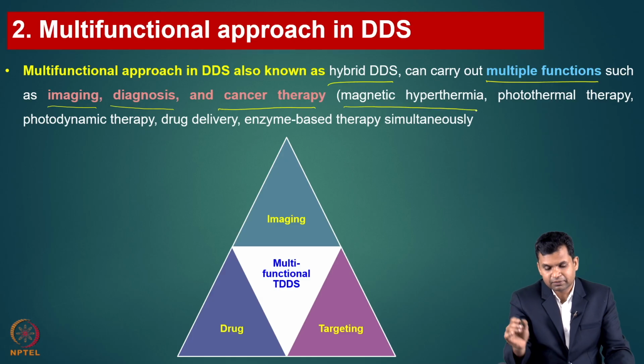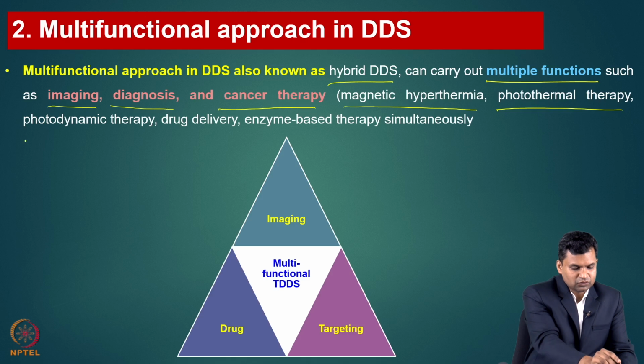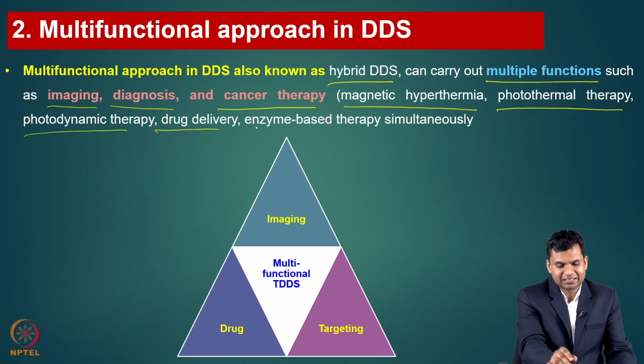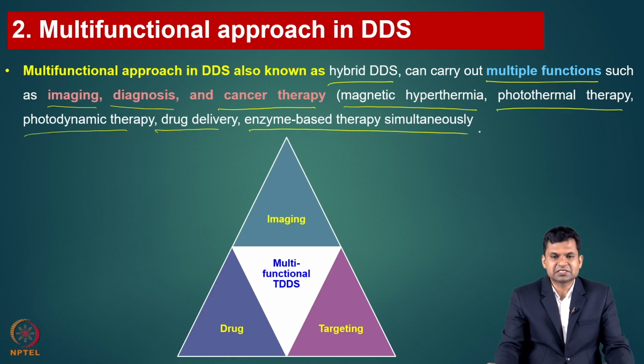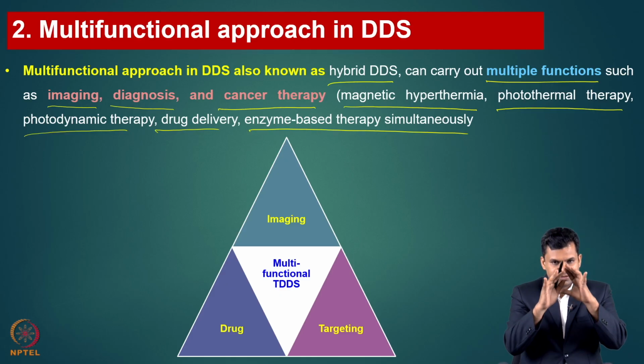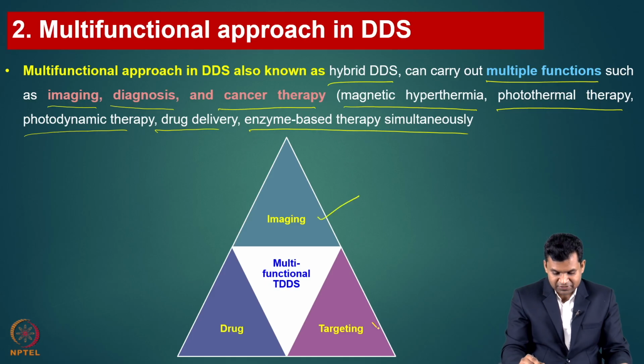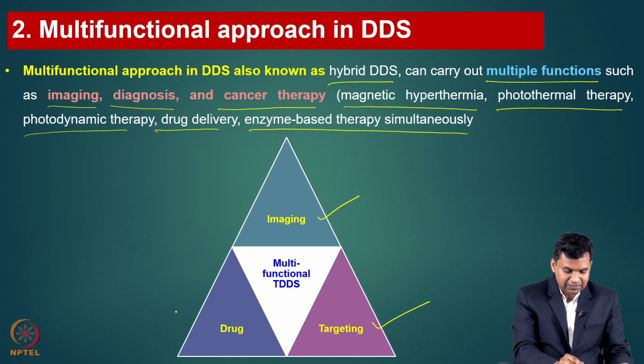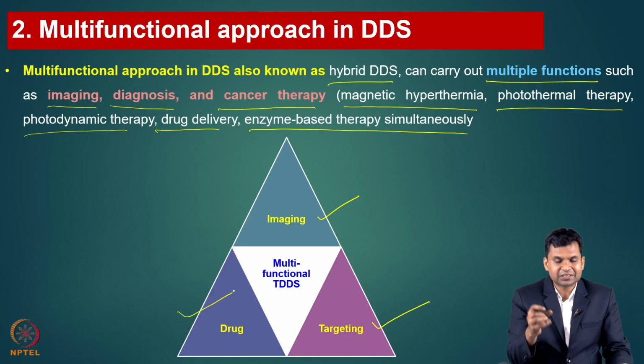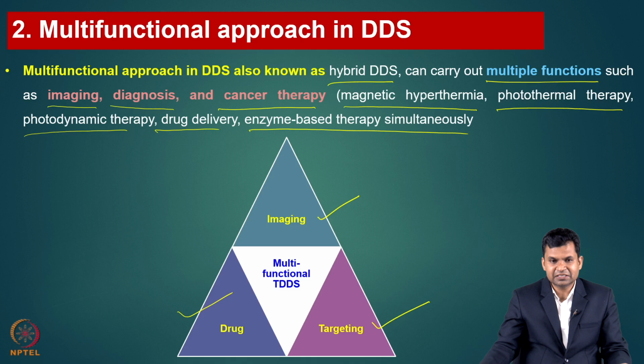Here we can target by using magnetic hyperthermia, photothermal therapy, photodynamic therapy, drug delivery and enzyme based therapy simultaneously, which is possible with one system. With one system we can do imaging as well as targeting to the cancer cells, and you can also use drug molecules which can be encapsulated in the one system. So, this is called the multifunctional approach in drug delivery systems.